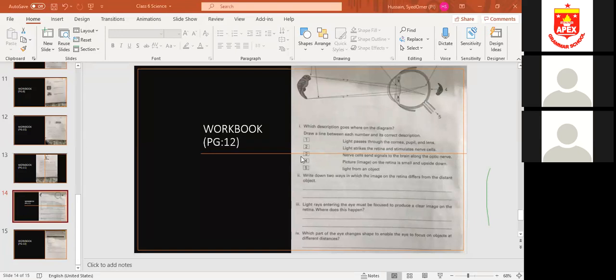Okay, number 4. What is number 4? You can see in your figures. Now Fatma Abdul Qudus wants to answer. Yes, Fatma, hurry up.